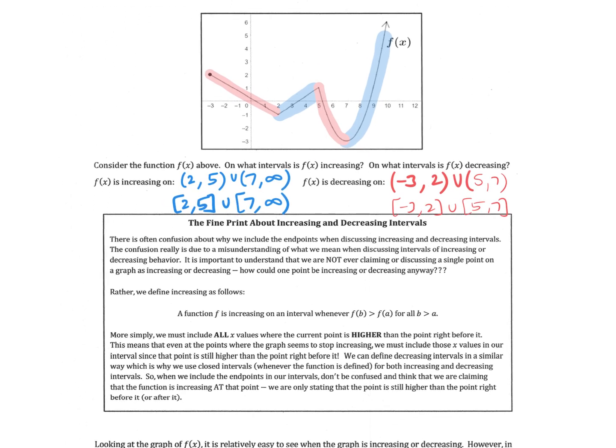So that's if you're given a function f of x. This note underneath says what I just told you about parentheses versus brackets: you are not saying that at that specific point it is increasing or decreasing, so it doesn't matter if you include it or not.